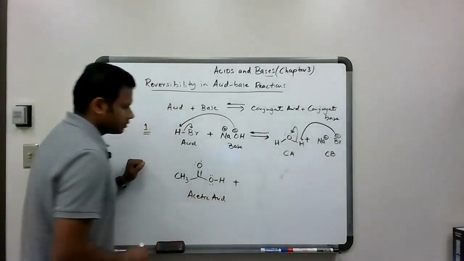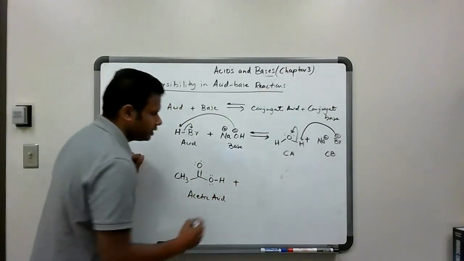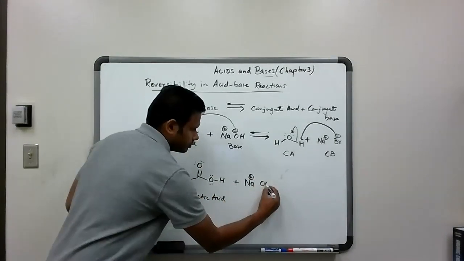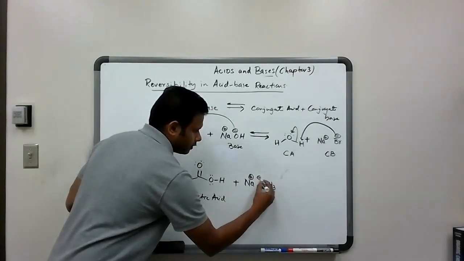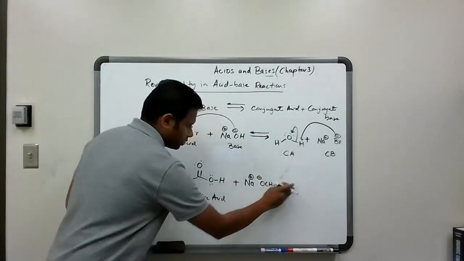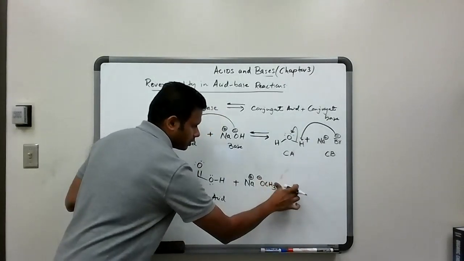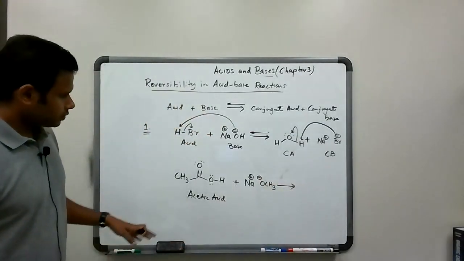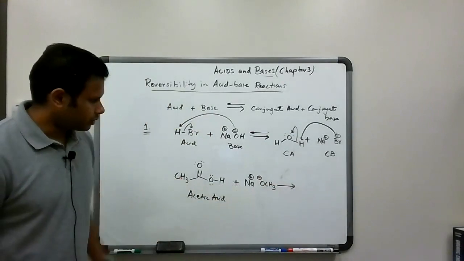So let's say we have acetic acid and we have sodium methoxide. Okay, so I'm drawing a bit more involved and complex organic acids this time. So acetic acid reacting with sodium methoxide.